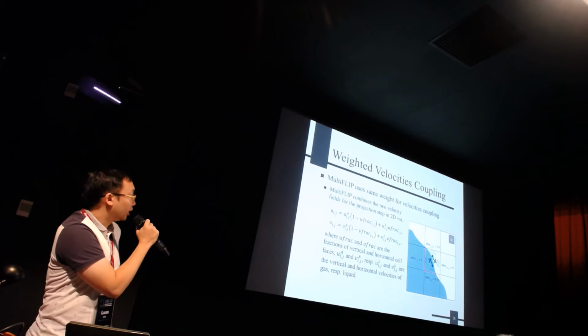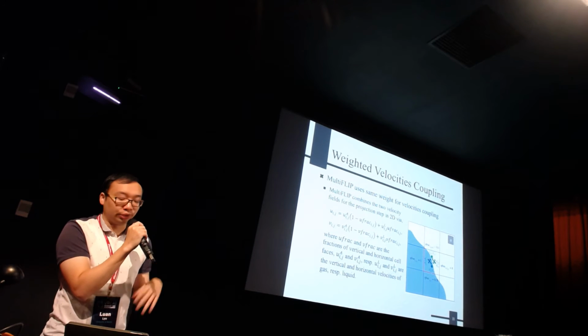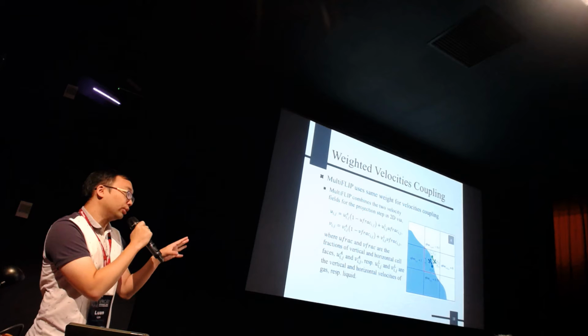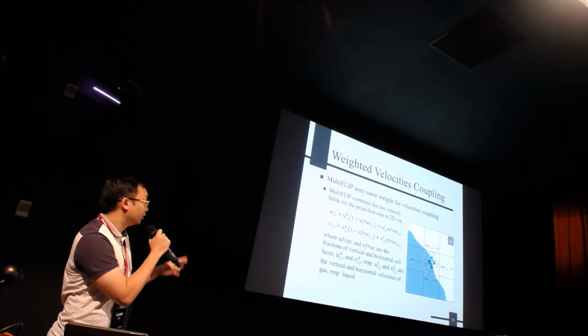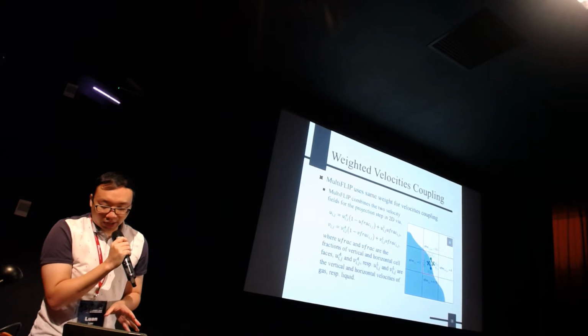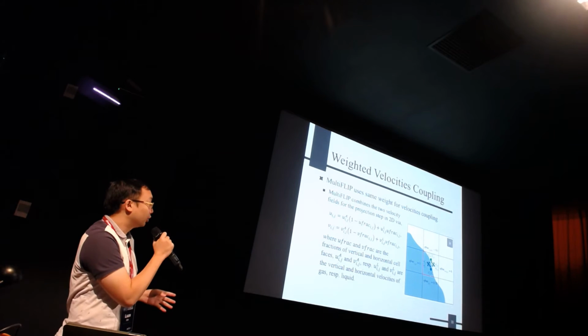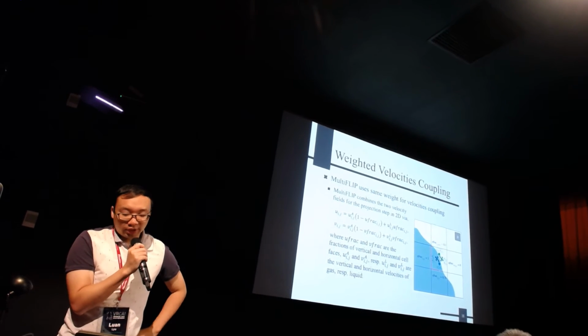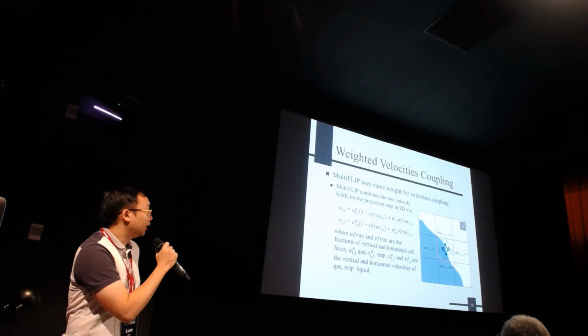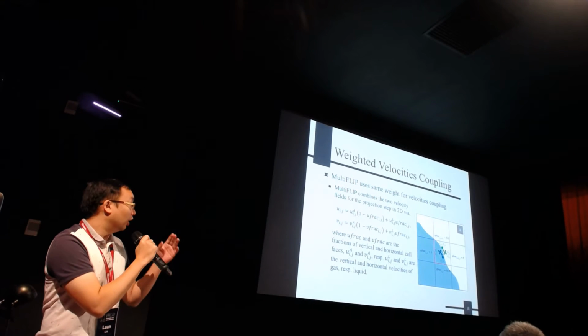Before the projection step, MultiFLIP needs to couple these 2 velocity fields. However, MultiFLIP uses the same weight for gas and liquid, leading to some unwanted influence on the fluid.